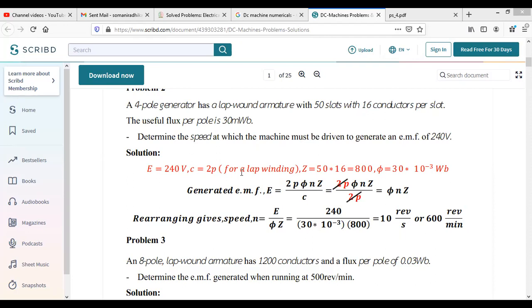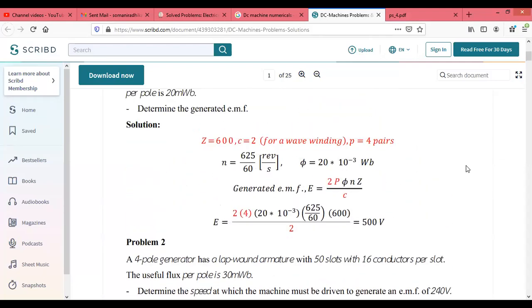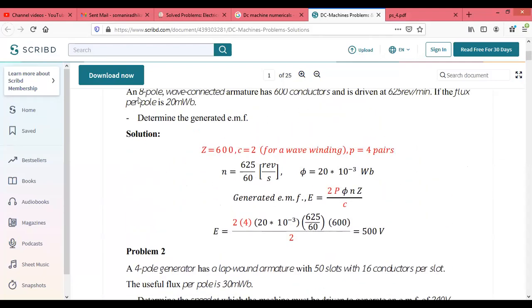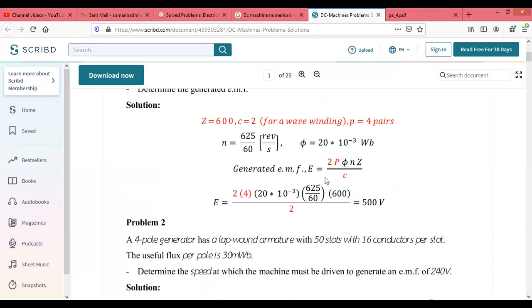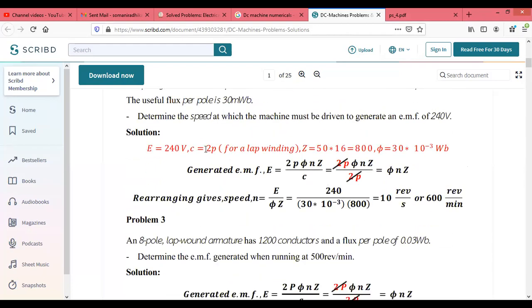As in the first problem we solved, if we have an 8-pole machine, we consider the pairs as 4. That's why for wave winding the parallel paths C will be 2. So here the pole value is 4, and C will become 2p. C equal to 2p. Now we have the value for Z because we can calculate it.